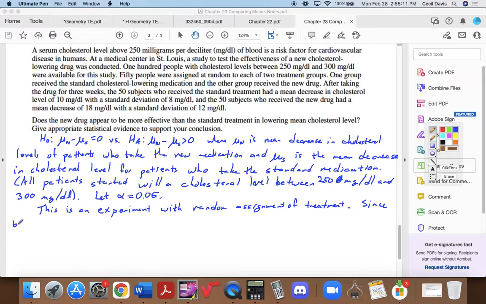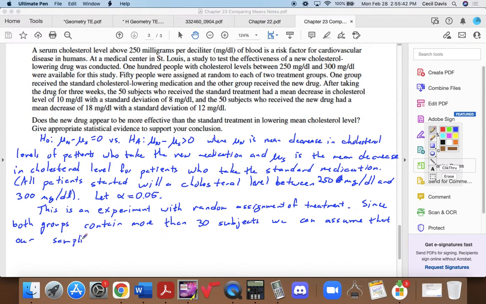Since both groups contain more than 30 subjects, we can assume that our sampling distributions are nearly normal. And that should be everything that we need.